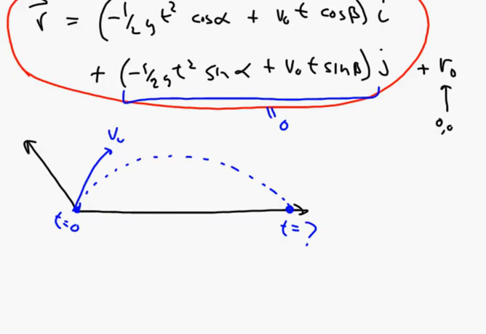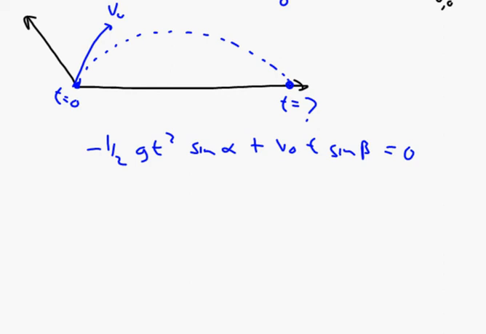And if we do that, let's write it out. So we get negative a half gt squared sine alpha plus v0t sine beta is equal to 0. That's what we want, and we'd like to solve this for t. Well, you can see that we can factor out a t here.